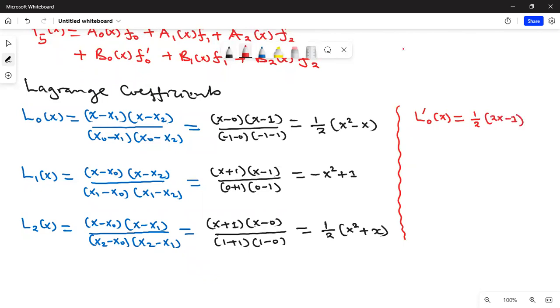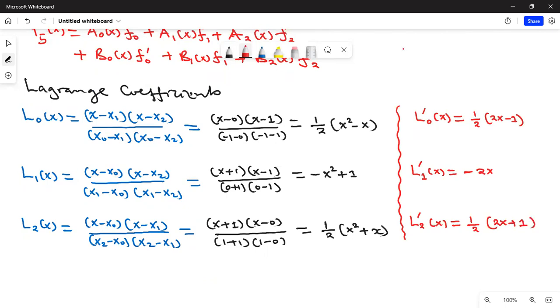Also the other one, L1 prime of x, that's negative 2x. And L2 prime of x should give us 1 over 2 into (2x plus 1).